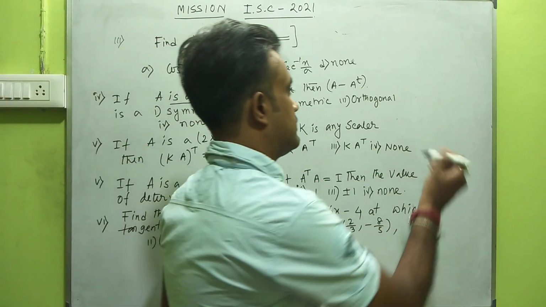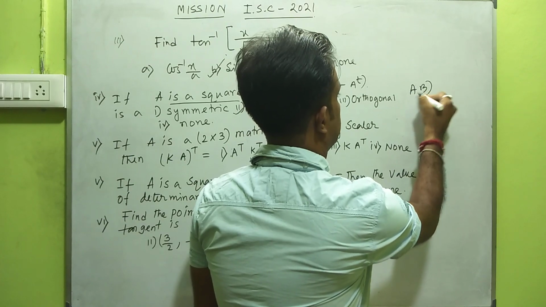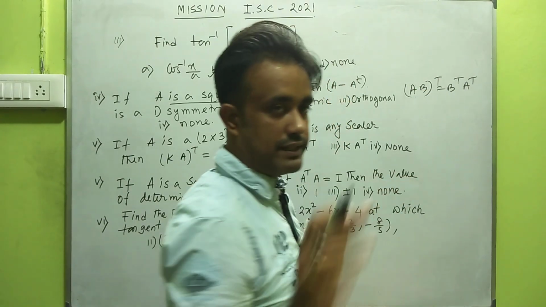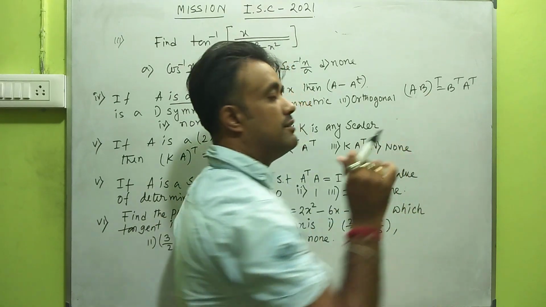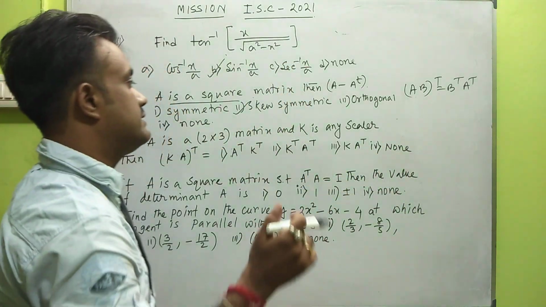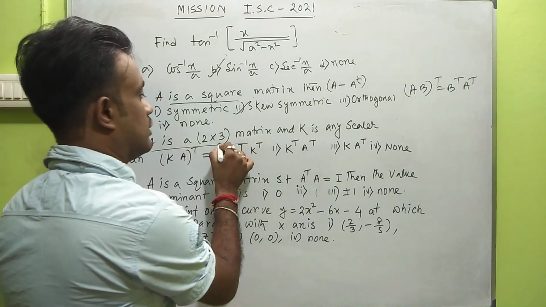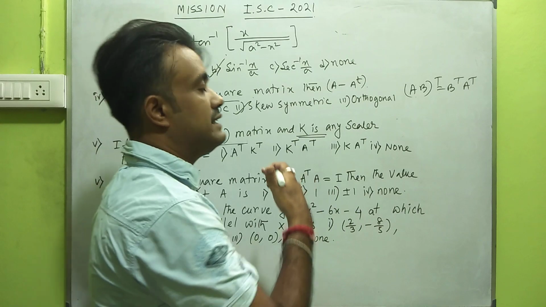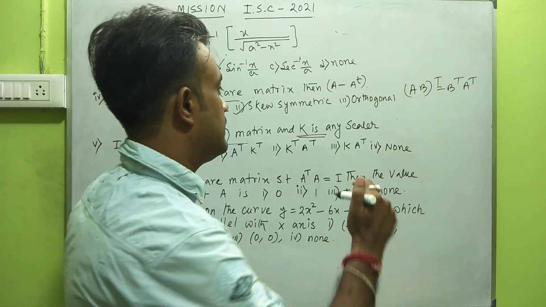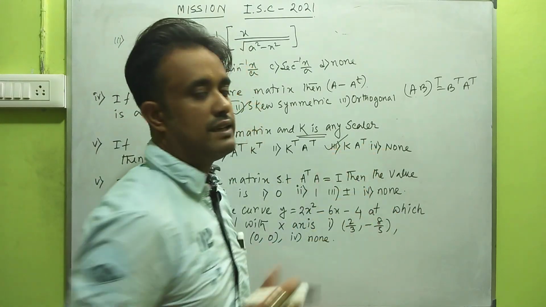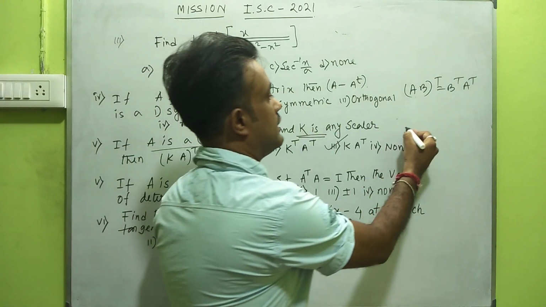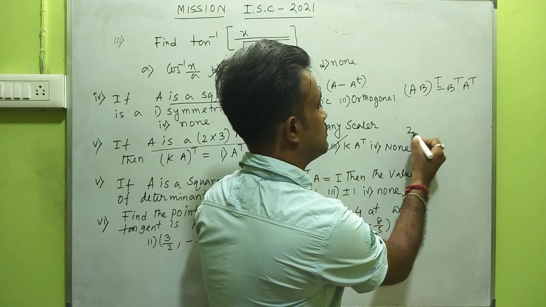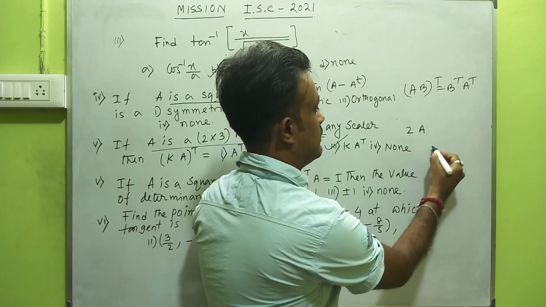We know that AB transpose is equal to B transpose A transpose, but here A and B are matrices, whereas it is given that A is a 2 cross 3 matrix and K is any scalar, that is K is any number. So the option will be K into A transpose.